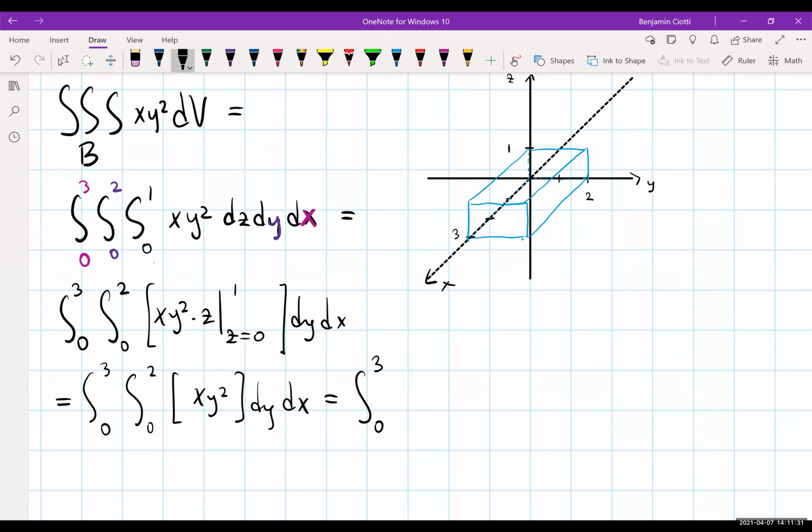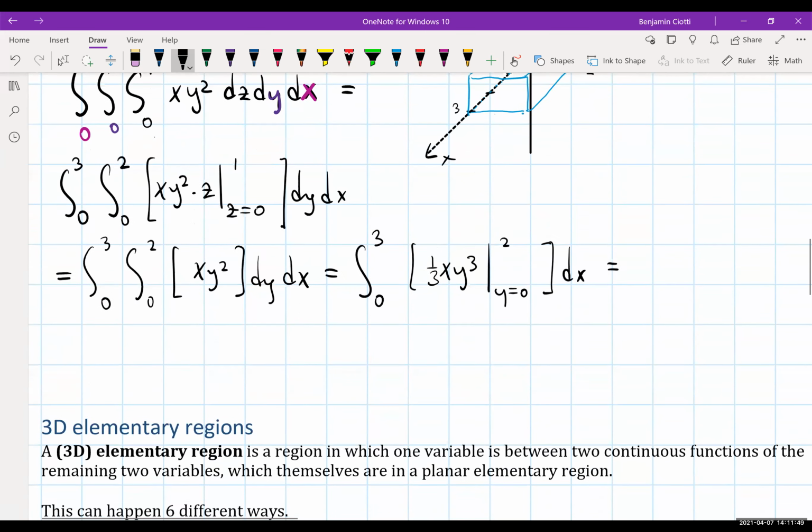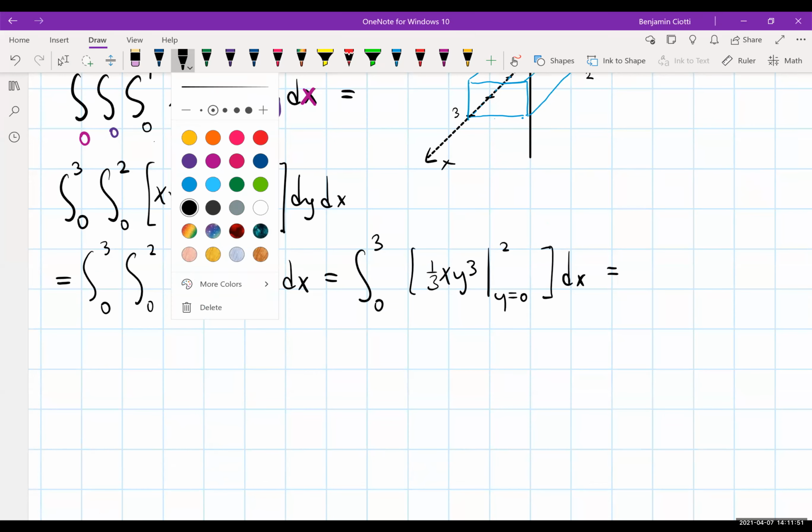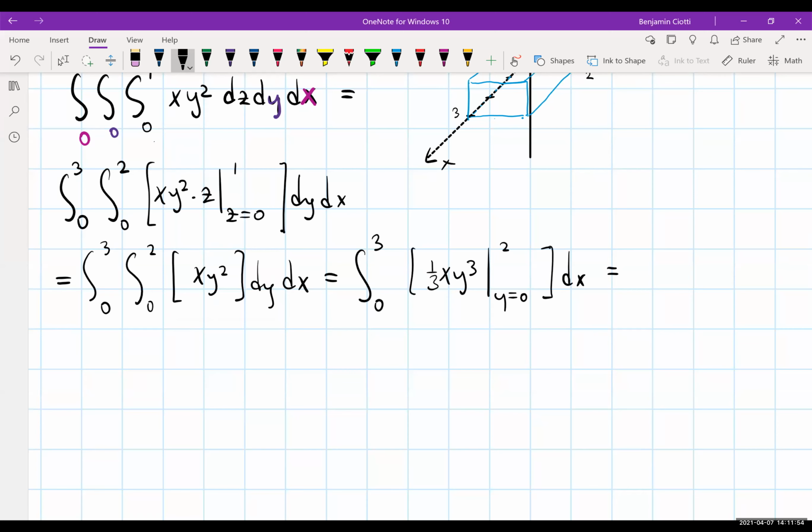So now integrating that with respect to y, that will be 1/3 xy cubed from y equals 0 to 2. And that is, we get 1/3 times x times 8.